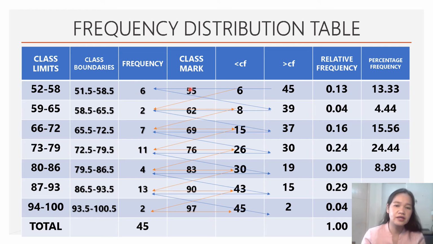So 45 minus 6 is equal to 39. 39 minus 2 is equal to 37. 37 minus 7 is equal to 30, until we get the same value as the last class interval, which is 2.